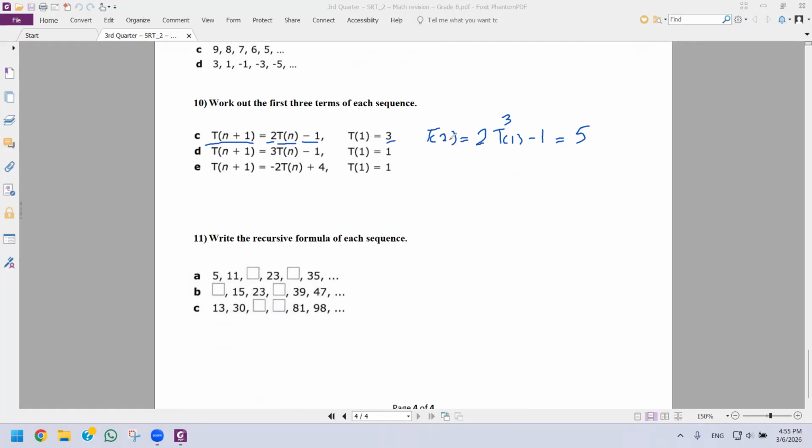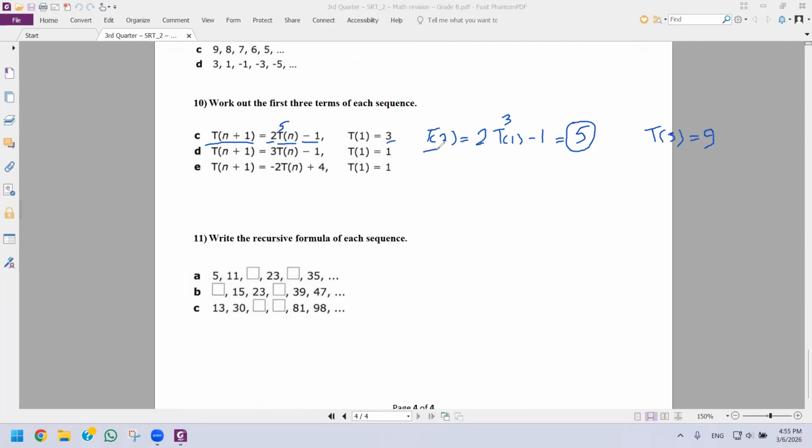The second one, I did just now. Now let me do the third one, T3. T3 is 2 times T2 minus 1. What is T2? We just found it: it's 5. So 5 times 2, 10, minus 1, 9. So these are the first three terms.